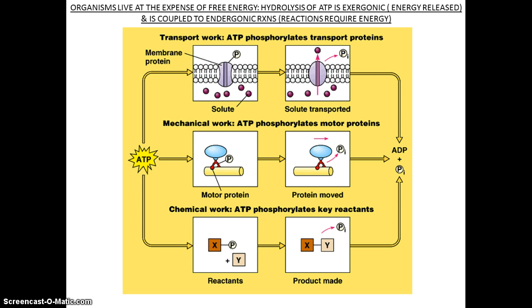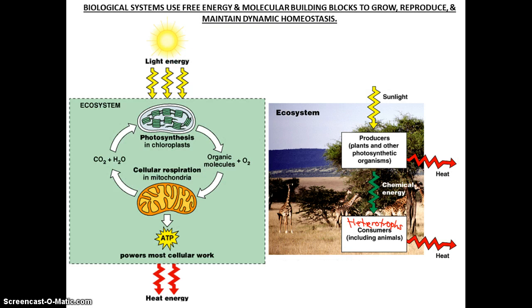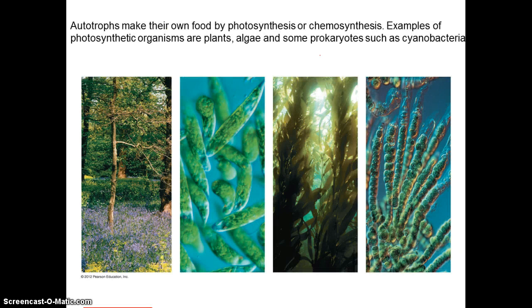And as you can see, all living organisms use ATP to do cellular work, such as transporting proteins, mechanical work like your muscles, or conducting chemical reactions. And that energy flows through the ecosystems, and the two key reactions are photosynthesis and cellular respiration.